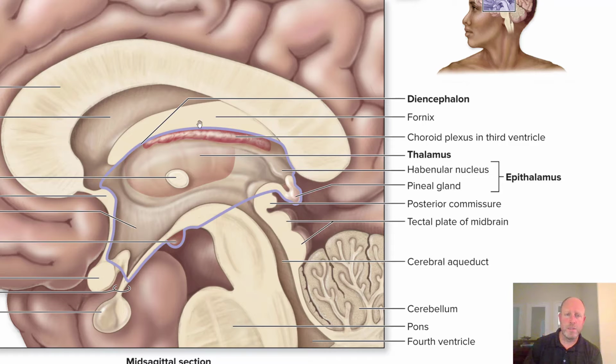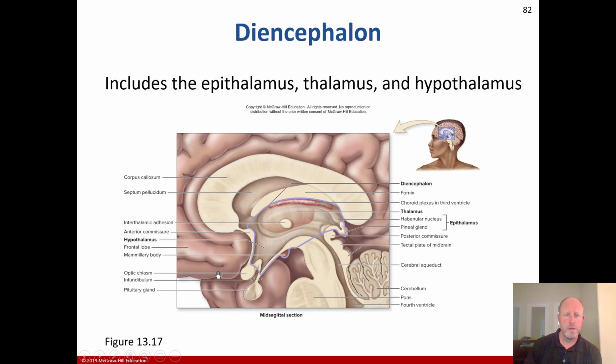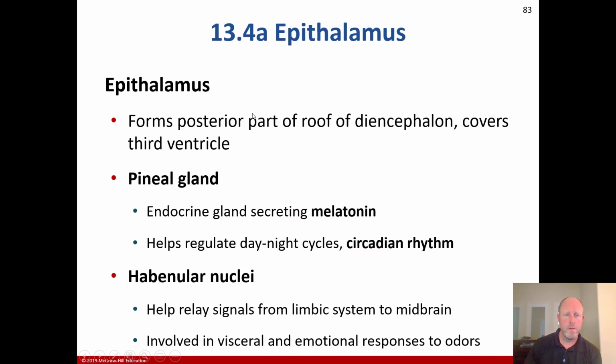And we have the fornix, the choroid plexus in the third ventricle, our thalamus, our habenular nucleus, our pineal gland, our posterior commissure, our tectal plate of the midbrain, our cerebral aqueduct, our cerebellum here, the pons, and our fourth ventricle, all from the mid-sagittal section cut for our diencephalon.